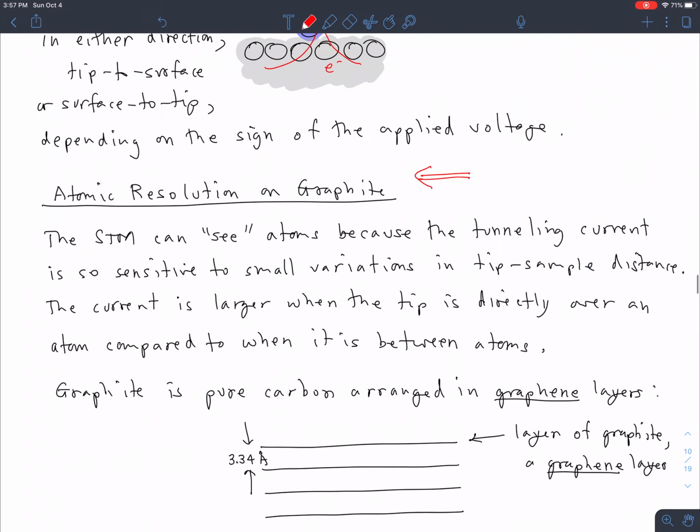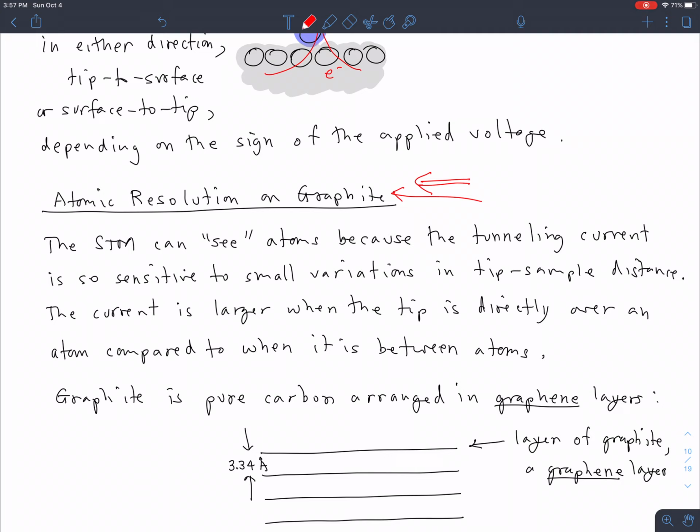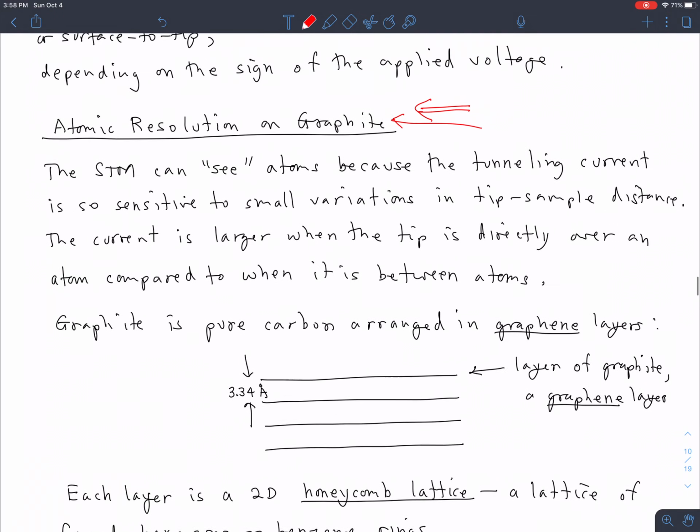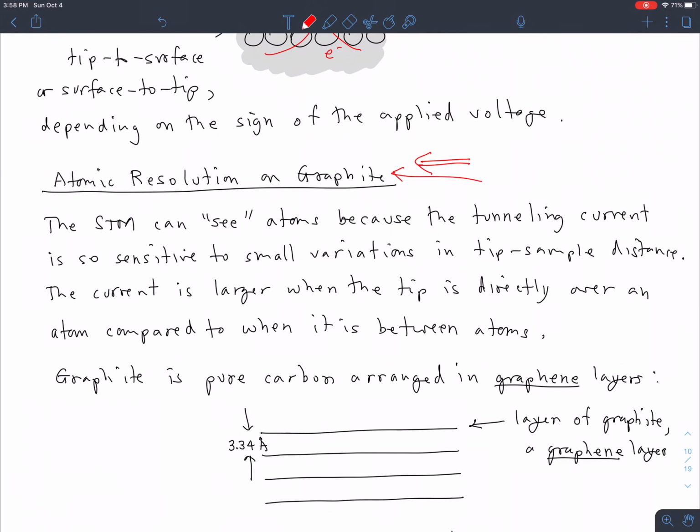But it's a particularly nice form of graphite. Mostly graphite is ugly stuff whose crystalline structure is all busted up and destroyed. The type of graphite that we're going to be talking about is highly oriented pyrolytic graphite, or HOPG.